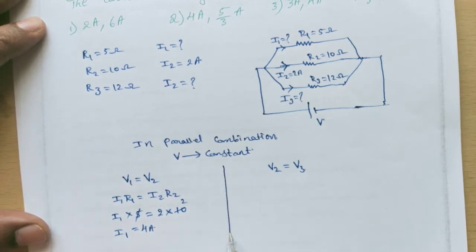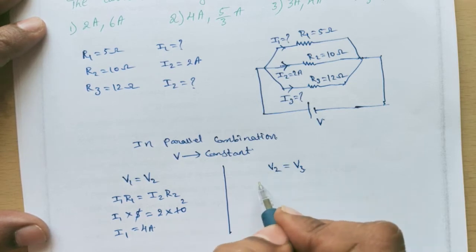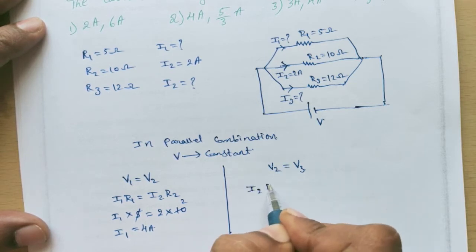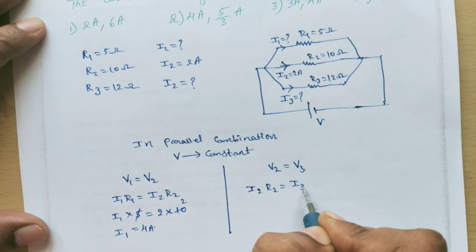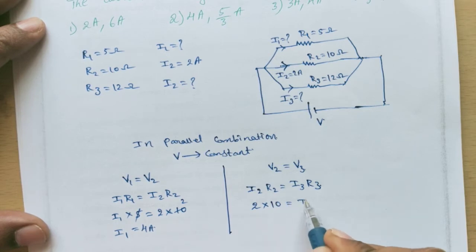So in the second case, based on the same formula by Ohm's law, I am taking I2 R2 is equal to I3 R3. So I2 value 2 we know students, R2 value is 10 we know, I3 we don't know, but R3 is equal to 12 we know very well. So the I3 value is equal to 2 into 10 divided by 12 we can represent.